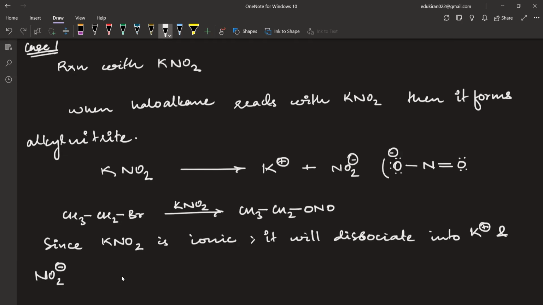In NO2 negative, the negative charge is on the oxygen atom.